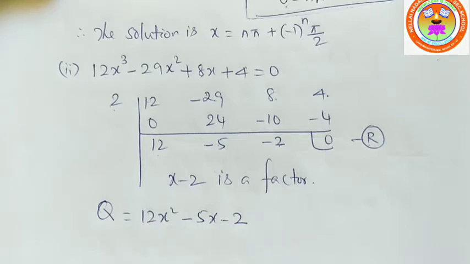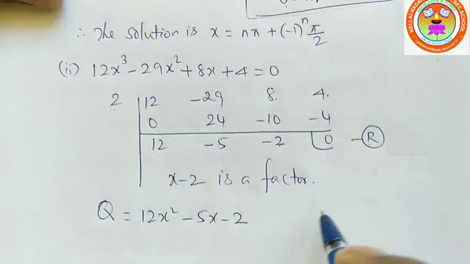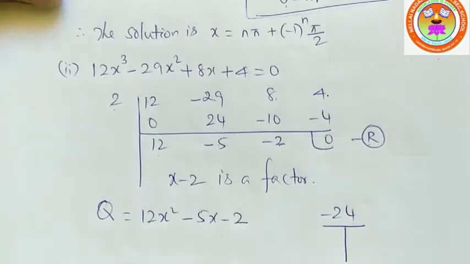How can you factorize this one? 12 times 2 is 24. So the product is minus 24, the sum is minus 5. The numbers are 8 and 3, right? 8 threes are 24; minus 8 into 3 is minus 24, and minus 8 plus 3 is minus 5.